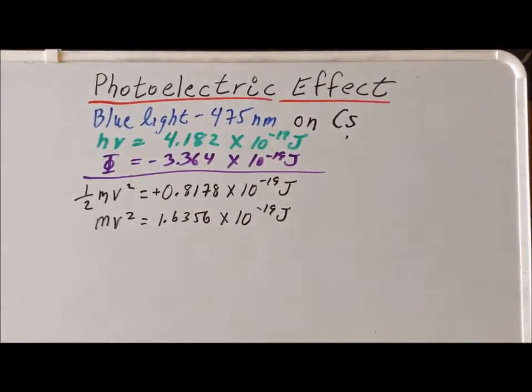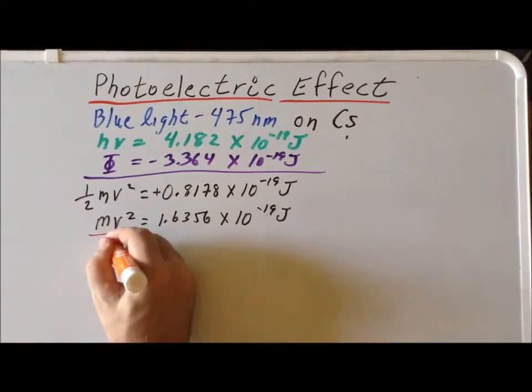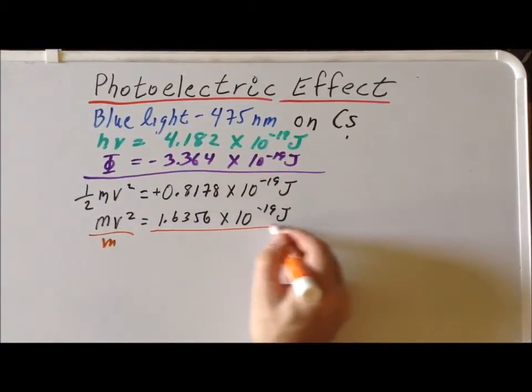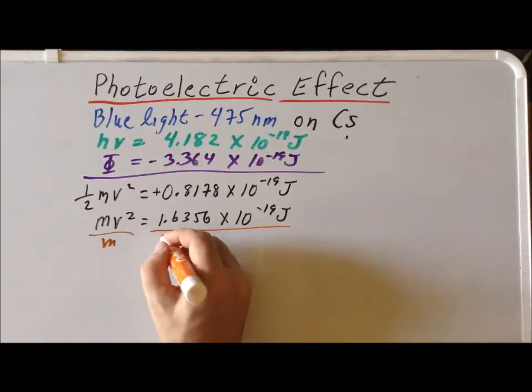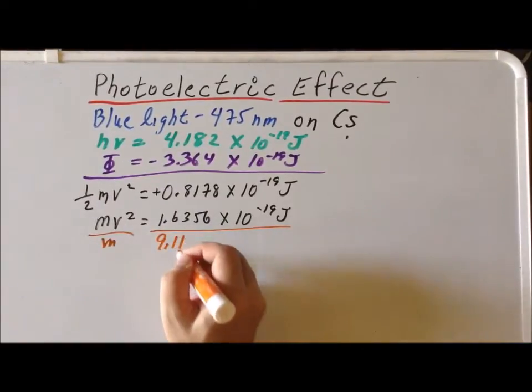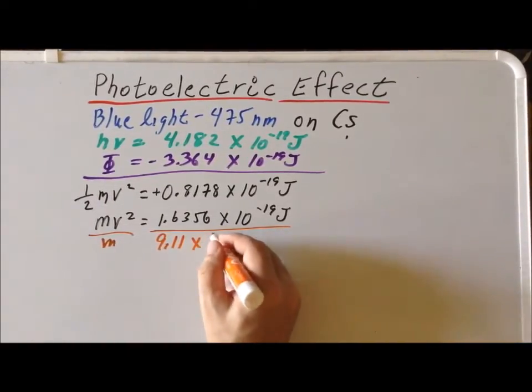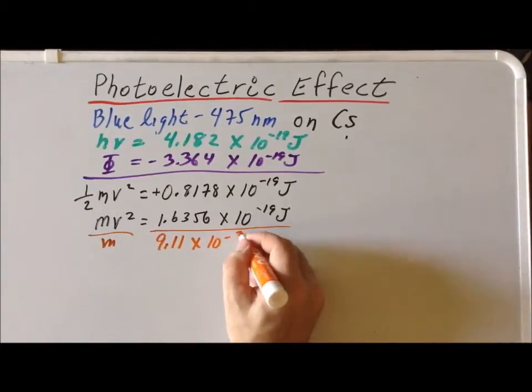And now we want to divide each side of the equation by the mass of the electron. And the mass of the electron is 9.11 times 10 to the minus 31 kilograms.